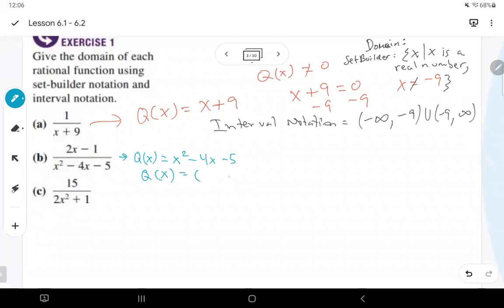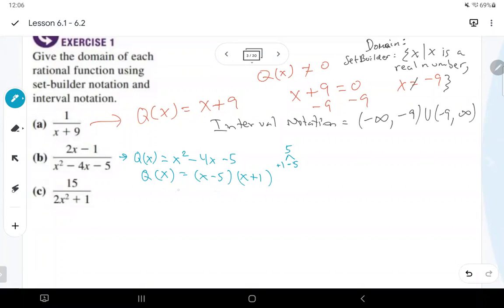So that would be our x's split, and we want factors of 5 that add or subtract to give us -4. So 1 and 5. We would need a -5 and a +1. So -5 plus 1. That doesn't cancel with the top one.